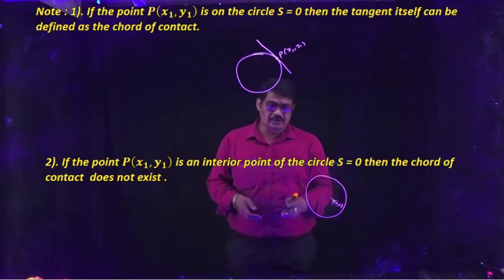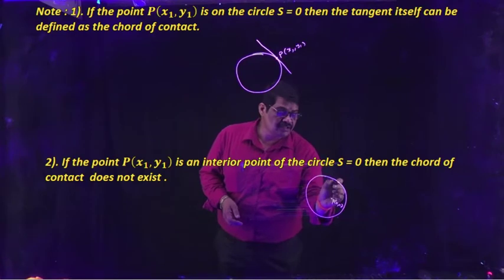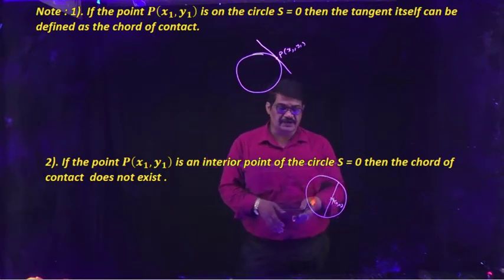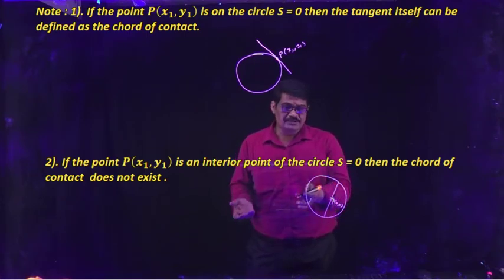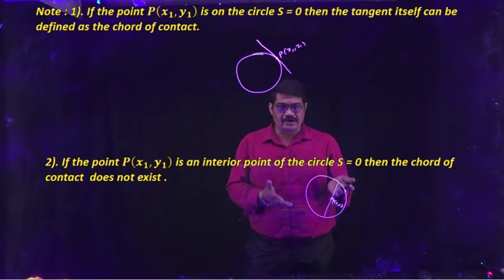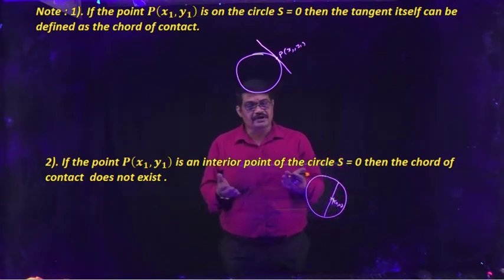We can only draw secants, a number of secants. No tangents can be drawn from this point to the circle. So the chord of contact does not exist in this case. What is the chord of contact definition?